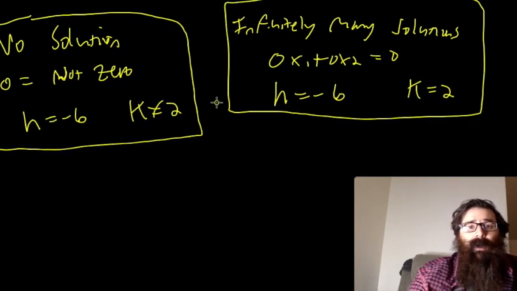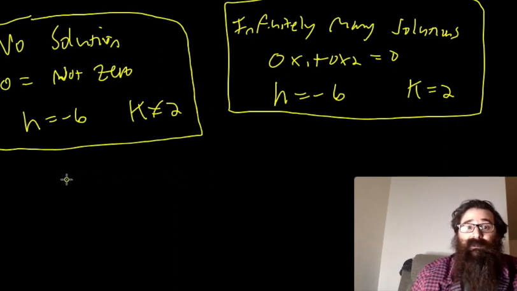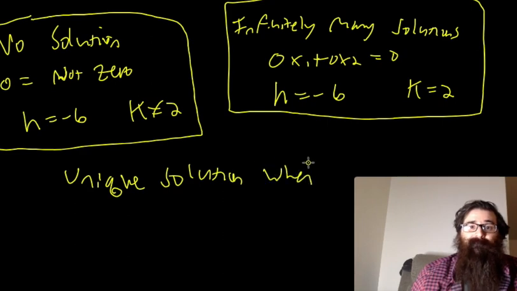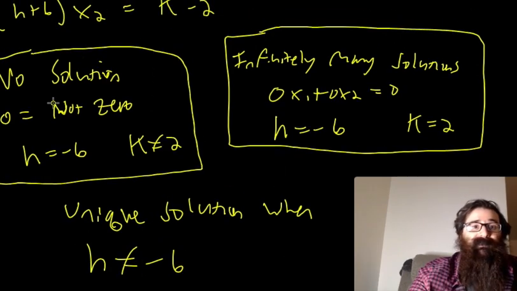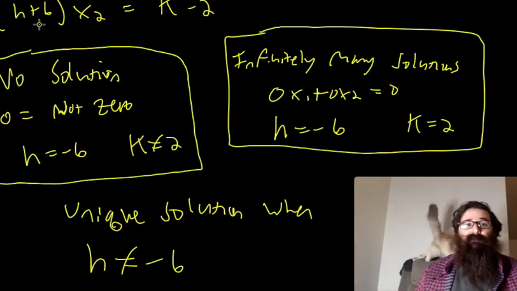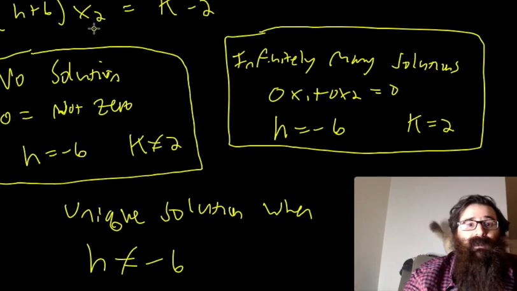If I want to talk about one solution, a unique solution, we have a unique solution when simply h doesn't equal negative 6. Because if h doesn't equal negative 6, think about what's going to happen here. I'm going to get some value in front of x sub 2, and then I would solve for x sub 2.